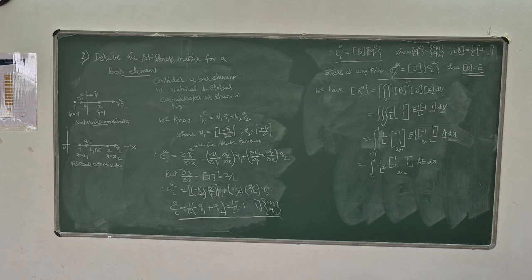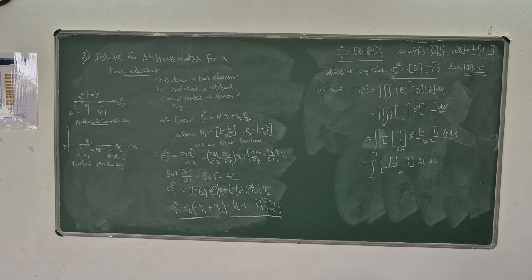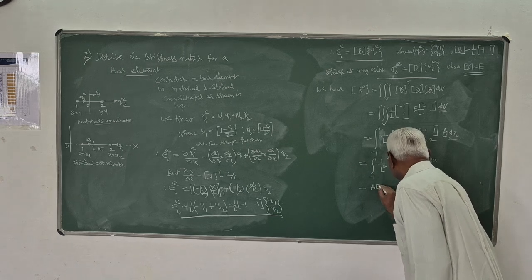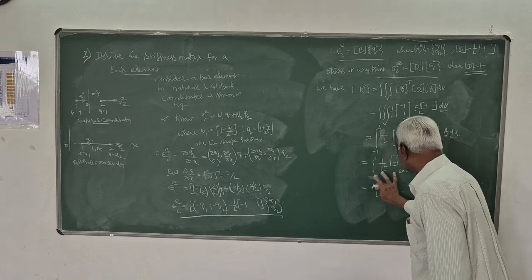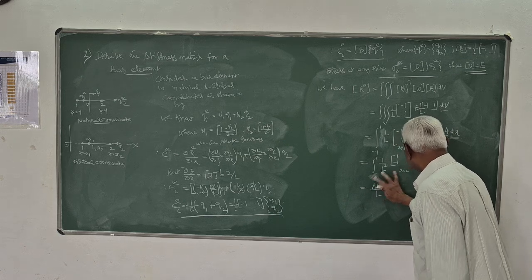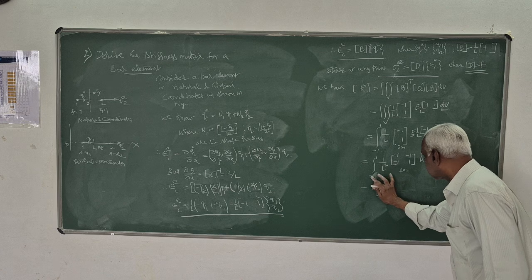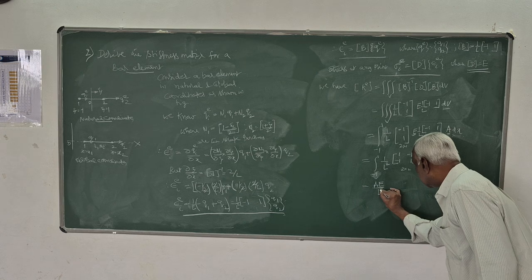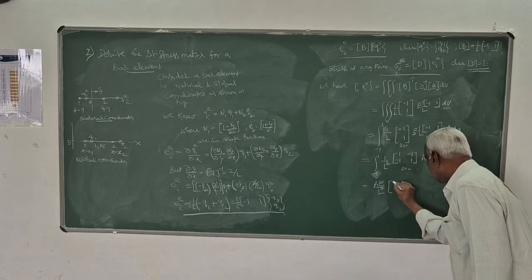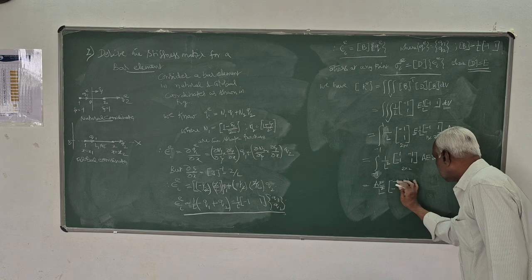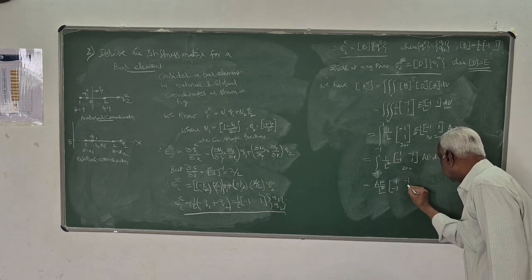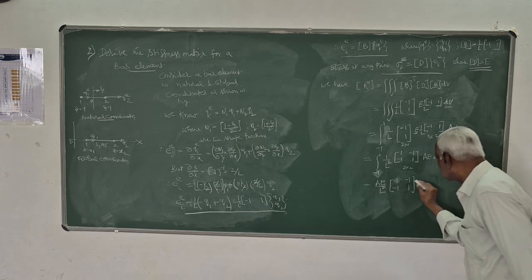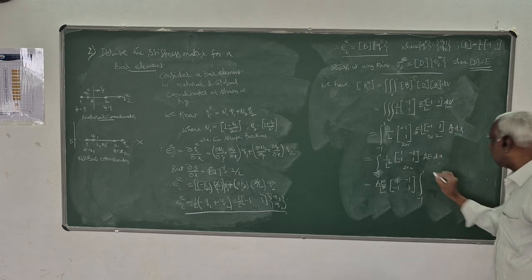So AE by L square times the matrix, with dx integrated from minus 1 to 1.